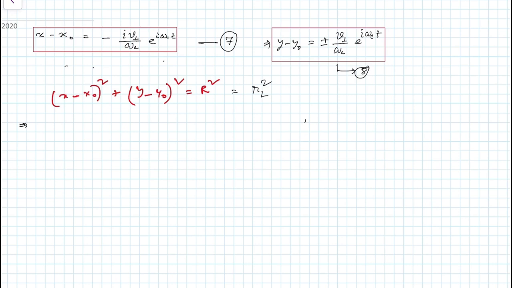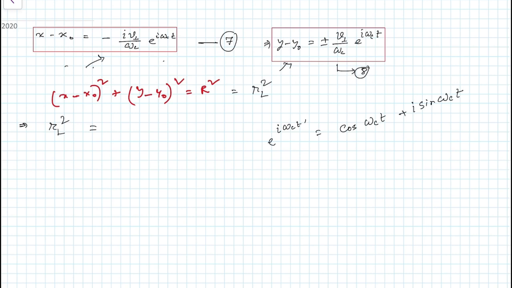Now let us obtain rL. So rL square will be equal to the square of this plus the square of this, but we will take only the real parts here. Here you see e to the power i omega c t is equal to cos omega c t plus i sin omega c t.